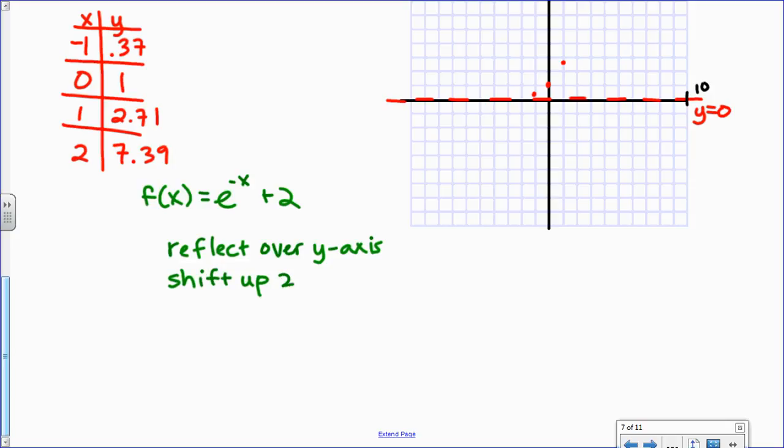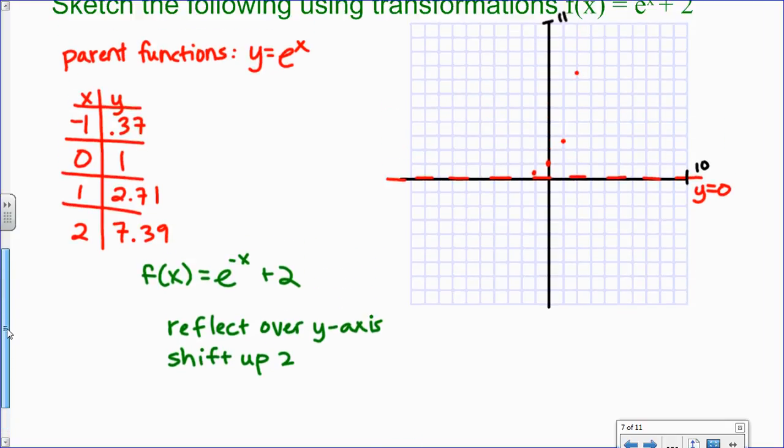So let's move the asymptote first. If you reflect your asymptote over the y, does it change? No. If you shift it up 2, does it change? If you move a horizontal line up 2, does it change? Yes. Okay.